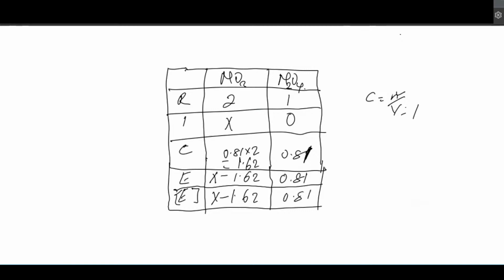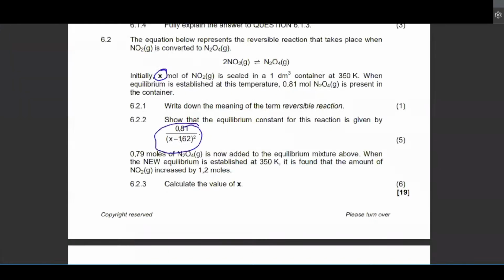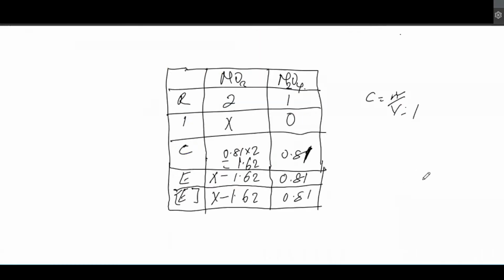Then they're asking you to write the Kc. Kc is the product, both of them are gases. Therefore, I'm going to say Kc is equal to the product, which is 0.81 divided by x minus 1.62. But remember, this is the number of moles 2, so we power it to 2.